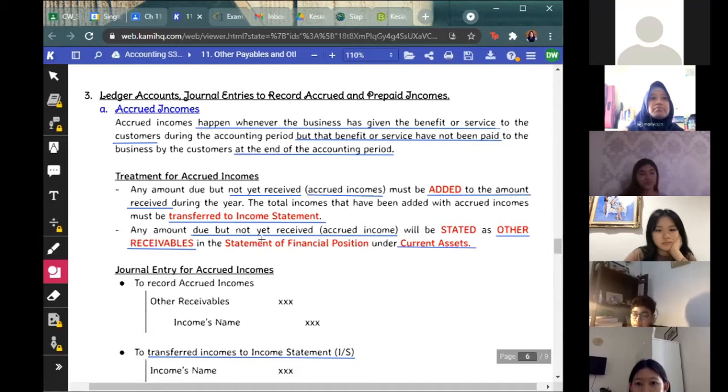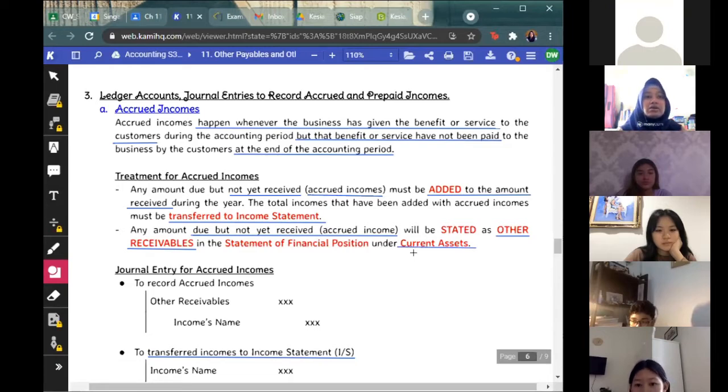Any amount due but not yet received, or accrued income itself, it will then be stated as other receivables in the statement of financial position under current asset. Once again, accrued incomes will be stated as other receivables in the statement of financial position under current asset. Why?